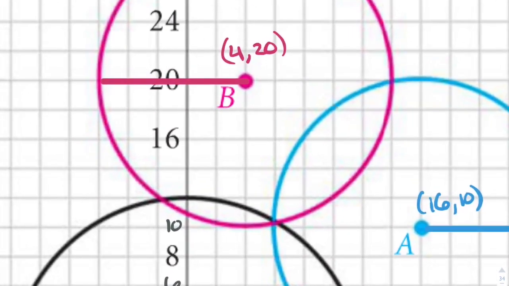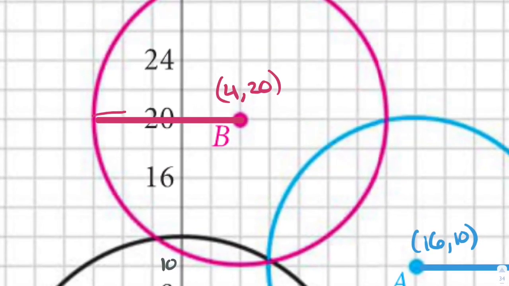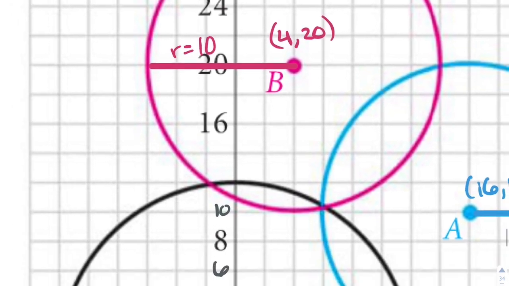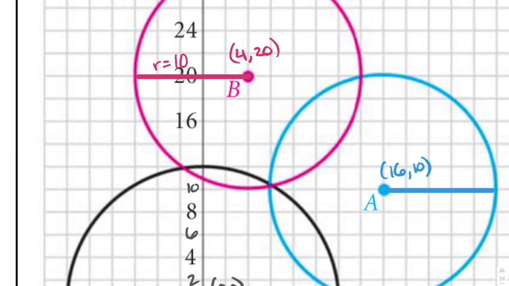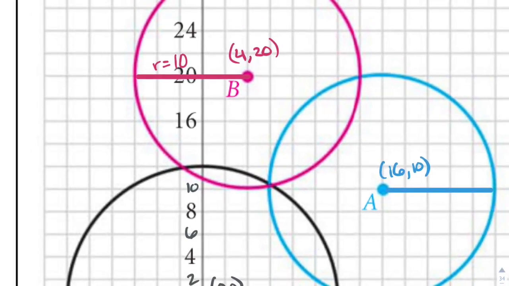Okay, this radius is going to be 2, 4, 6, 8, 10. R equals 10. I just counted because it falls nicely on the circle. It goes from 4 all the way to negative 6. It has a length of 10.